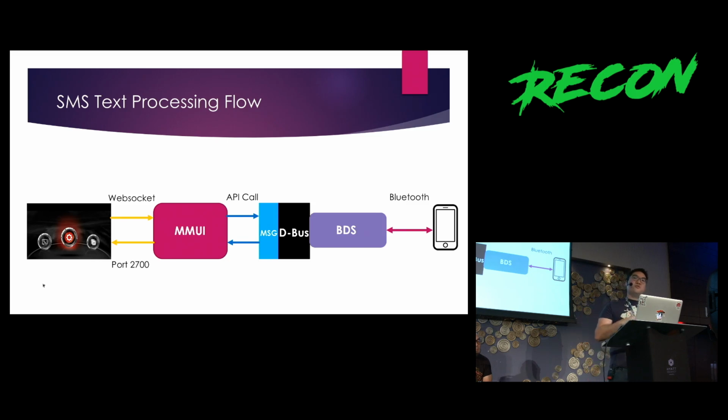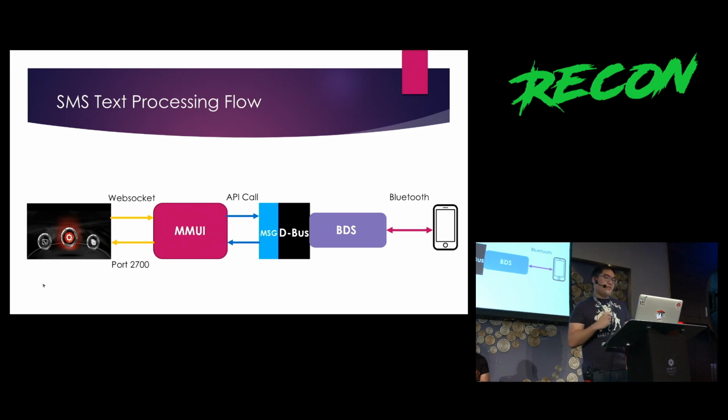The GUI backend talks to the lower level Bluetooth service over D-Bus, but it doesn't have direct access to D-Bus. Instead, there's a message service component that acts as an abstraction. So you expose certain APIs that the GUI backend can use, and at the same time, you register a couple of event callbacks for the message service to notify the backend that something is happening, triggered from the lower level service.